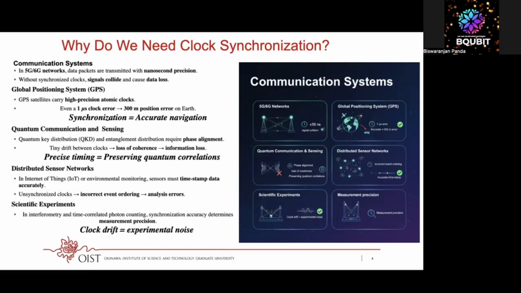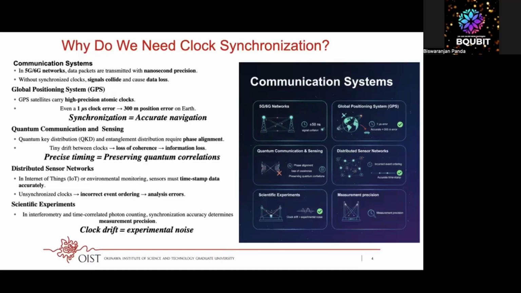Do you understand this? Other than that real life example, we can look at communication systems. The whole communication system is based on synchronization. Nowadays we are in a 5G network, but later we'll go to 6G, which is much faster.